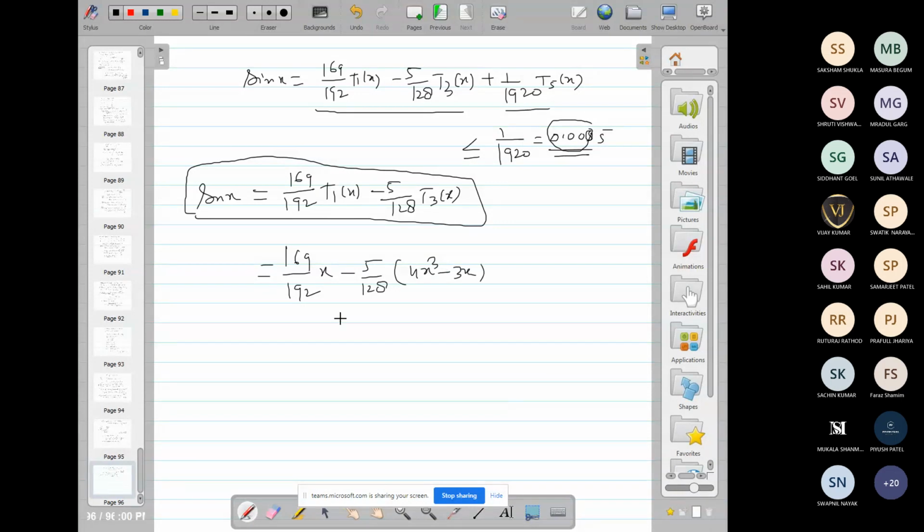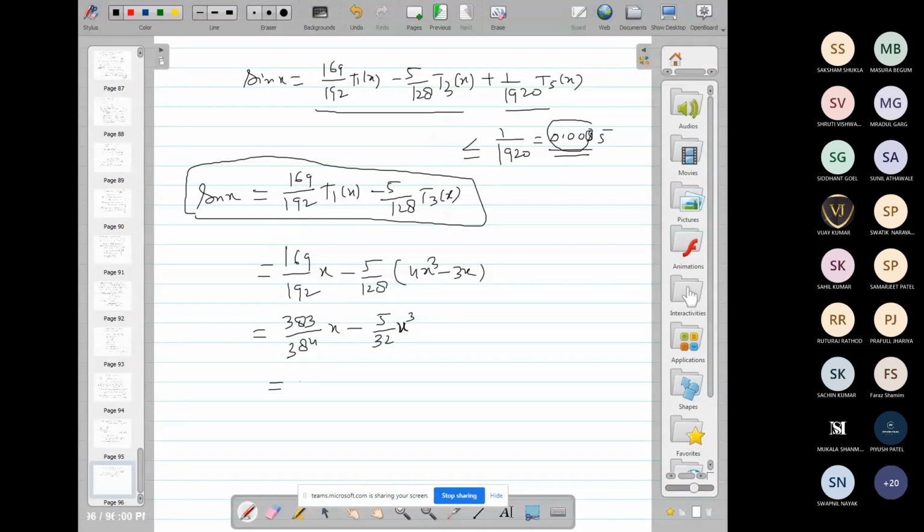So finally this becomes 383/384 x minus 5/32 x cube.